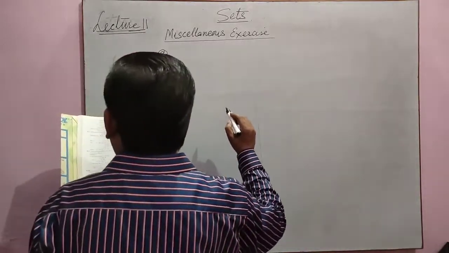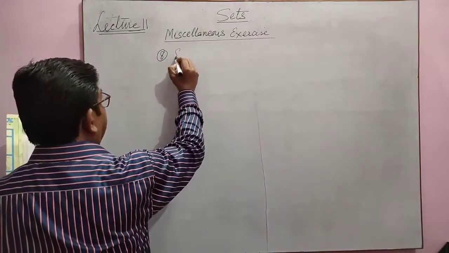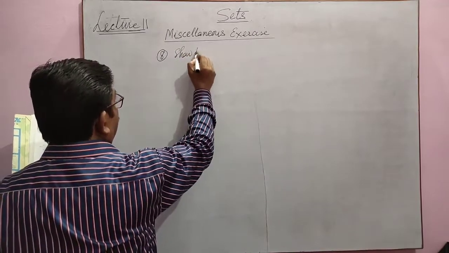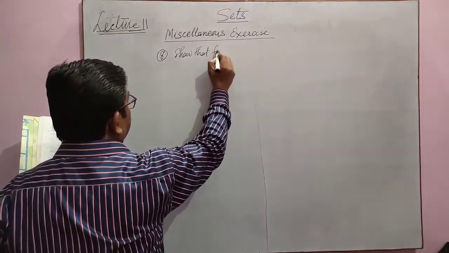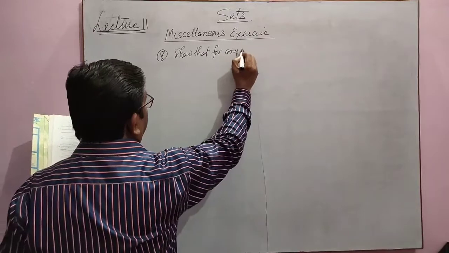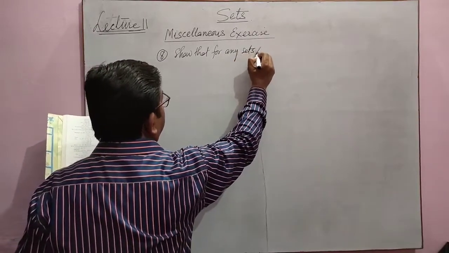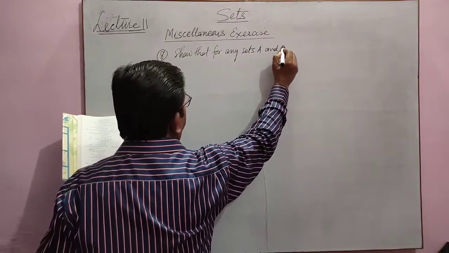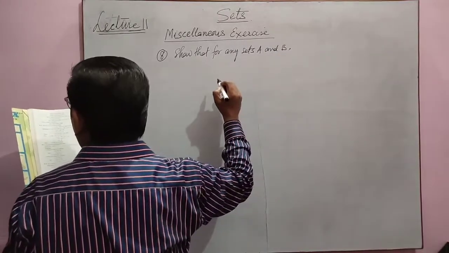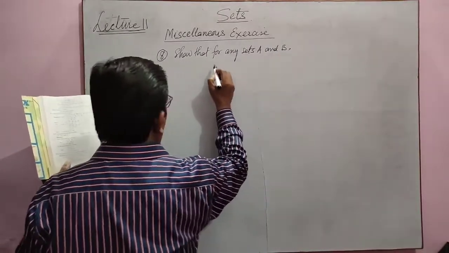Show that for any sets A and B, two things are to show.